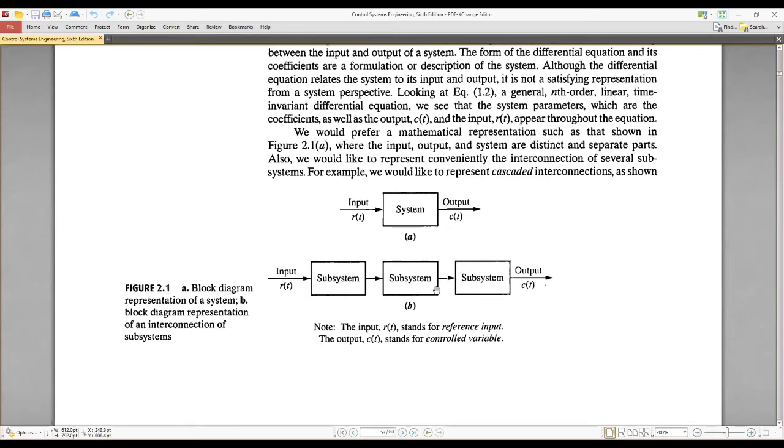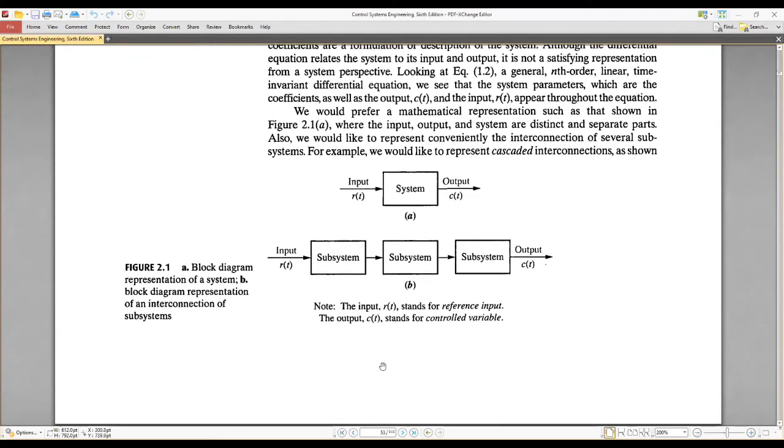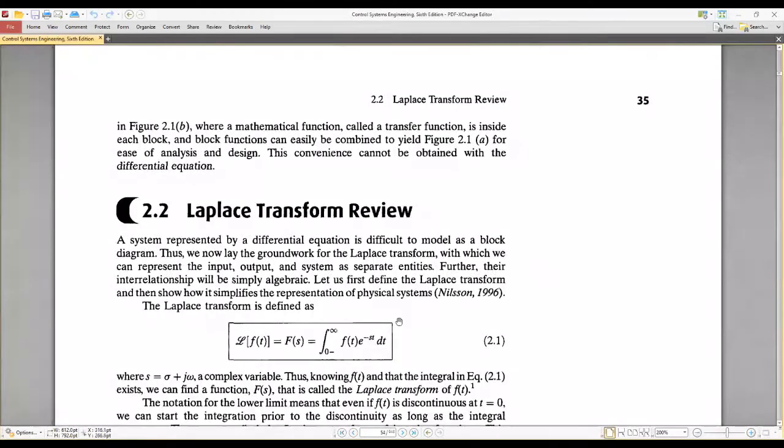Inside the system there are some subsystems, like here three subsystems, three blocks in the block diagram. So our input is r(t), output is c(t). Remember this.